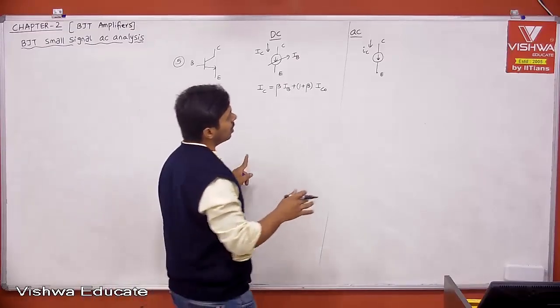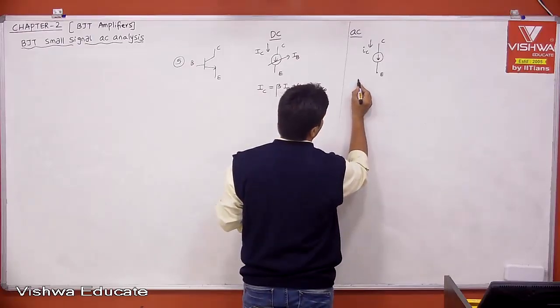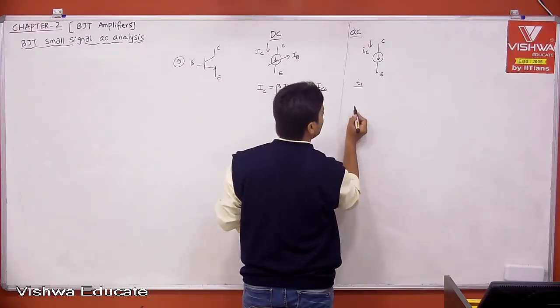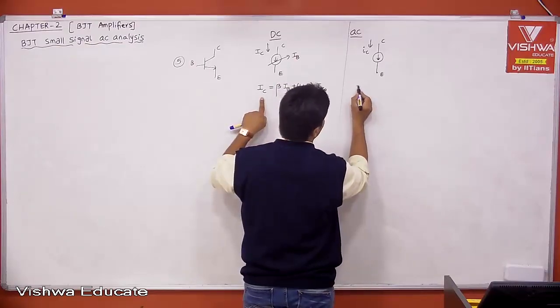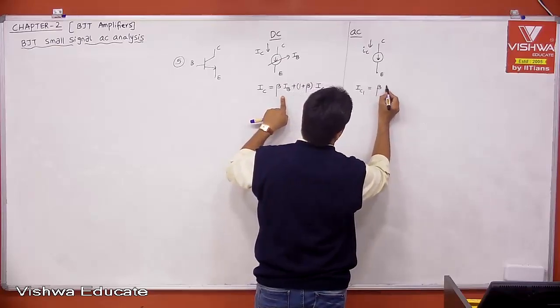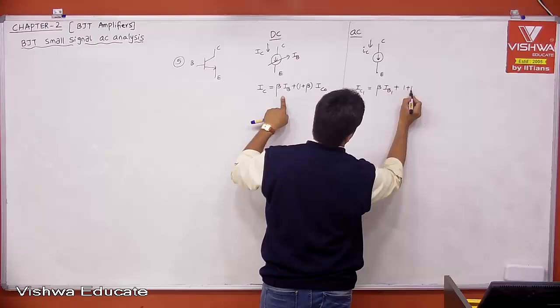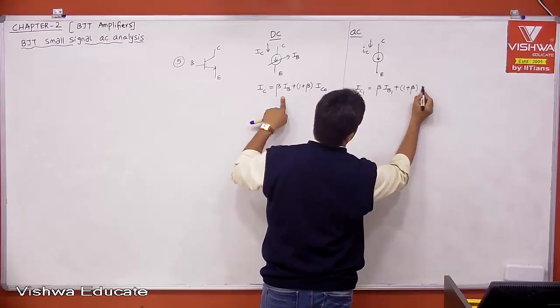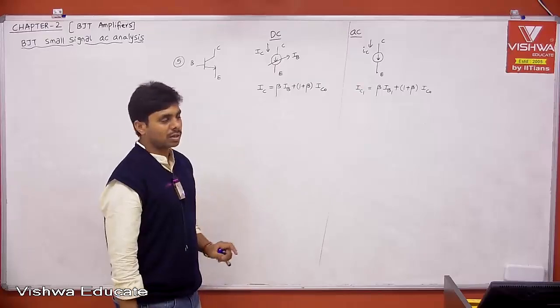Now what is AC analysis? Let us take a time t equal to t1. At a time t equal to t1, we have the current IC1 equal to beta into IB1 plus (1 plus beta) into ICO. Now this is the DC equation.